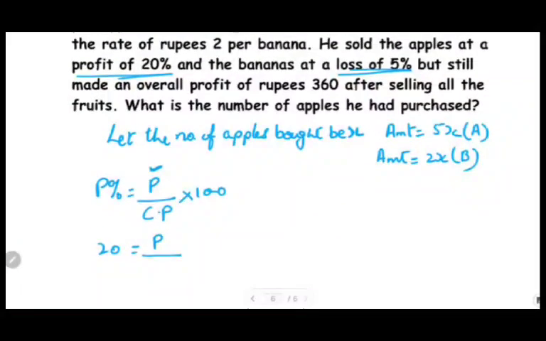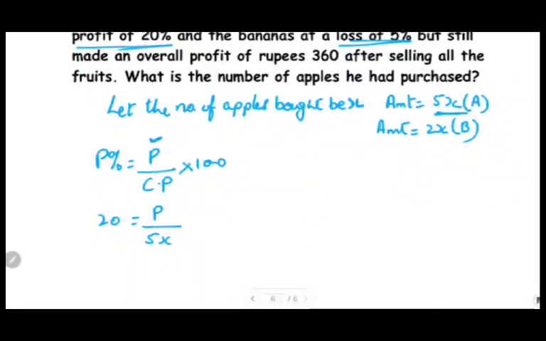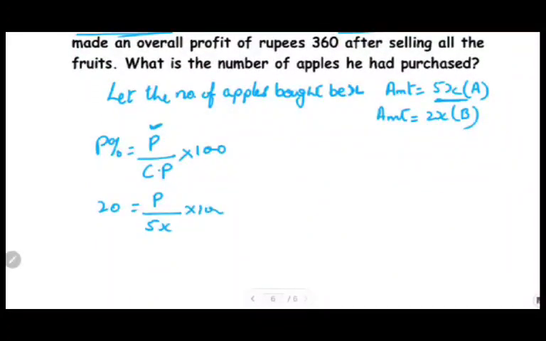Cost price is 5x, because that's the amount he purchased it for, into 100. This goes on the other side. So 20 into 5x, and if it's going on the other side, remember the opposite of multiplication is division, and that's going to be the profit.